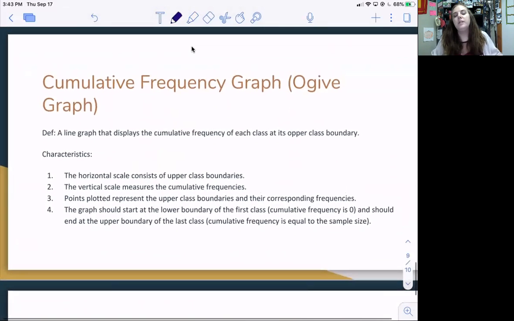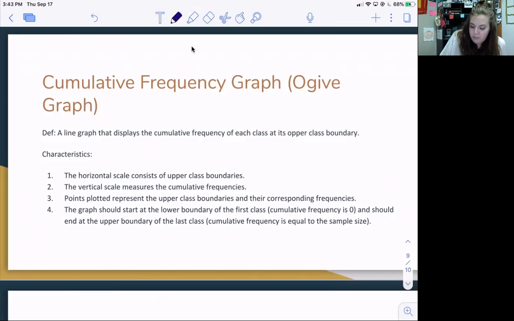Our last one is a cumulative frequency graph, which is also called an ogive graph. This is a line graph that displays the cumulative frequency of each class at its upper class boundary. Our characteristics: this one is a little bit more precise. The horizontal scale consists of only the upper class boundaries.